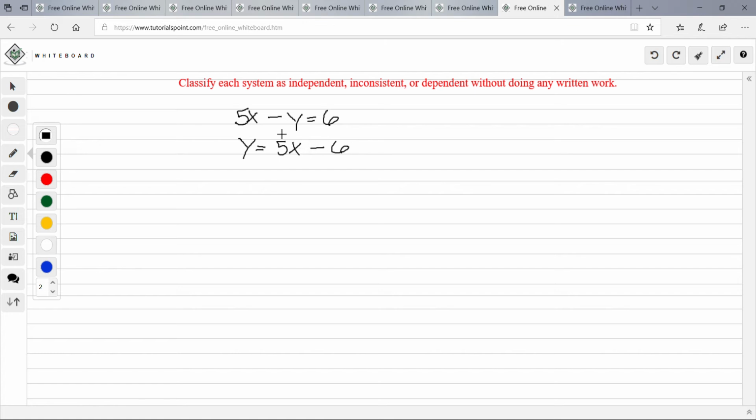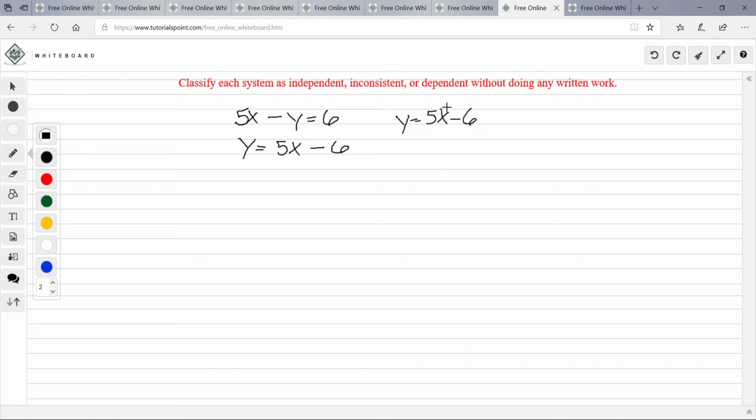If we mentally solve for y for the first equation, I know it says don't do any work, but you've got to mentally do it. So if we get y by itself, we would get y equals 5x minus 6.